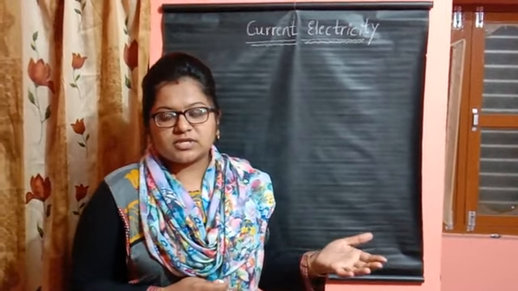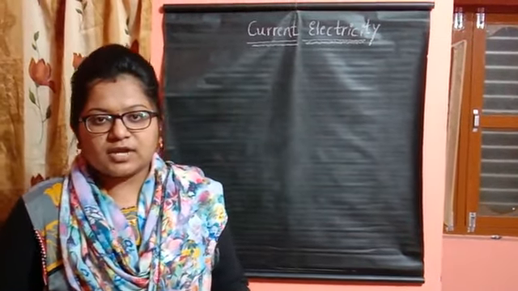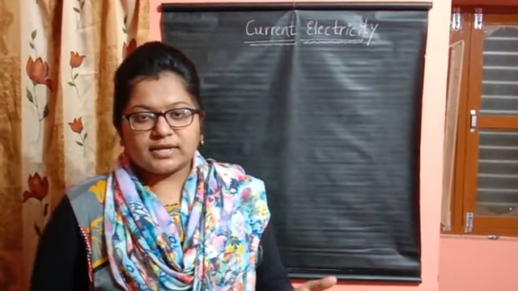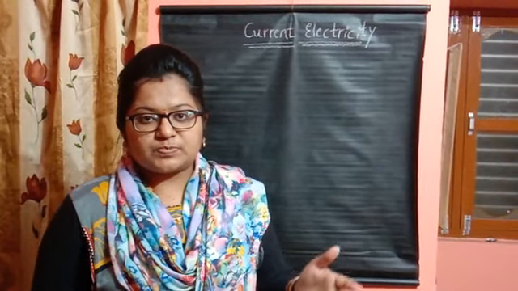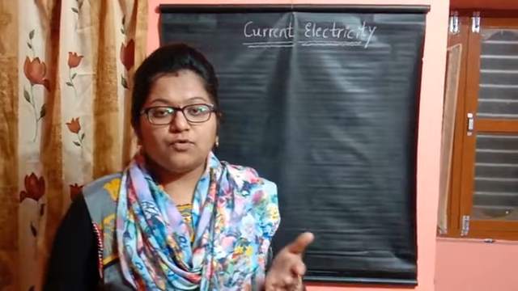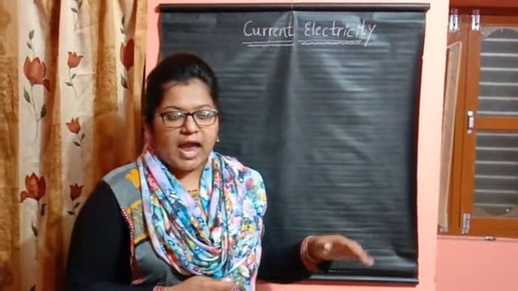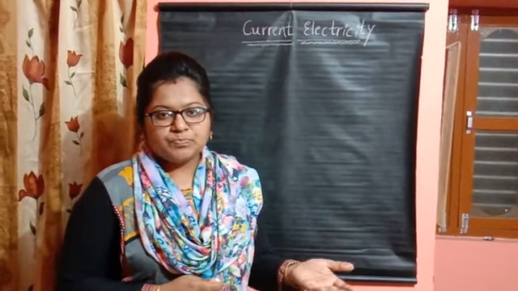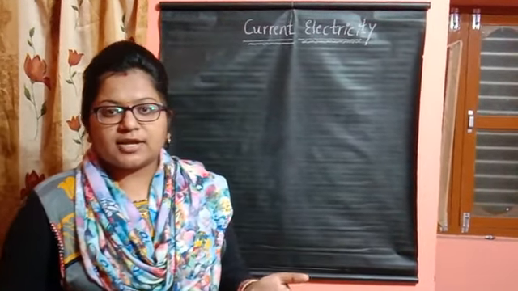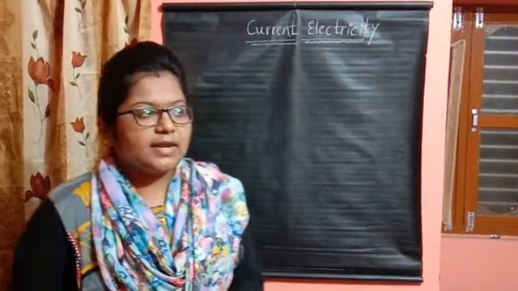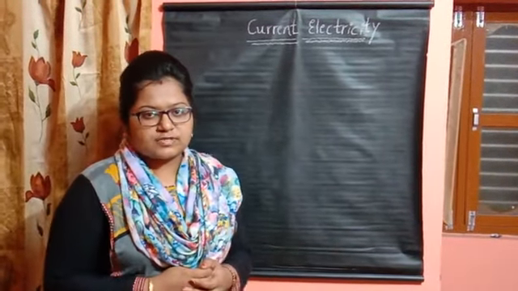Then we studied some conditions, and how free electrons move with respect to the electric field. And we studied some properties which free electrons possess while moving in a conductor. Let me revise those things for some time.